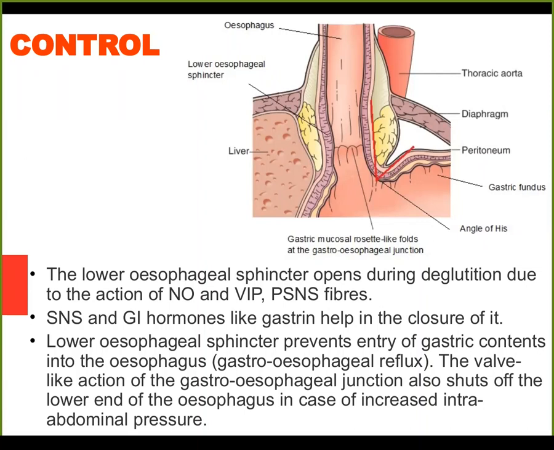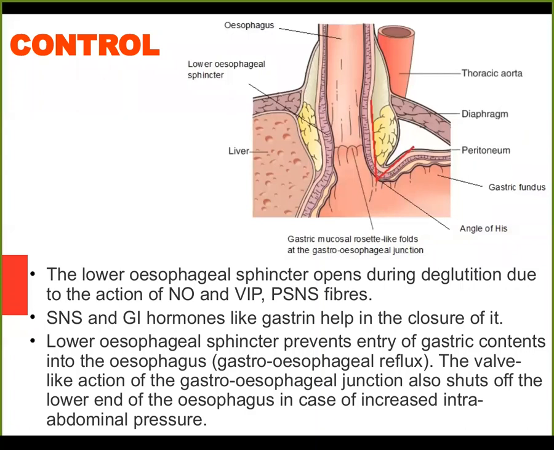In children and in some patients with anatomical specificity or with problems in the digestive system, the sphincter may not work properly. And as a result, reflux may happen. Reflux is back propagation of food from the stomach into the esophagus.